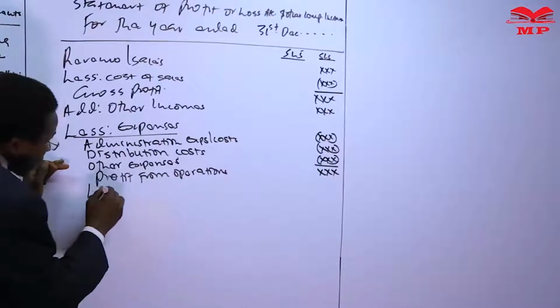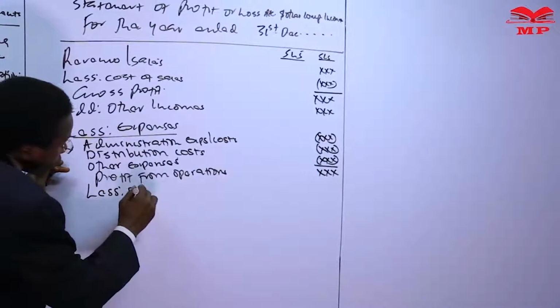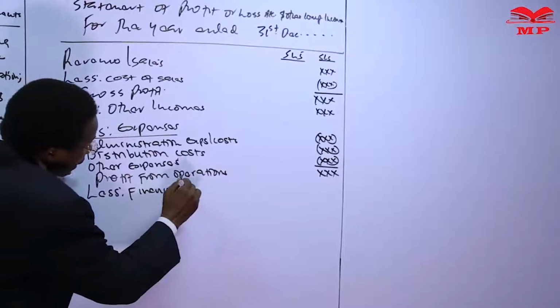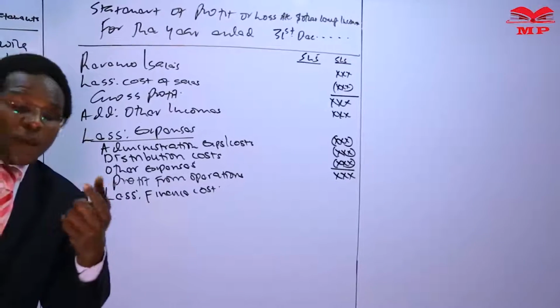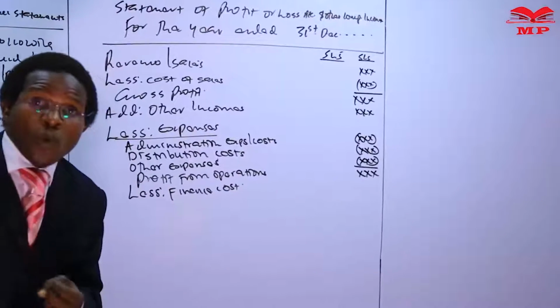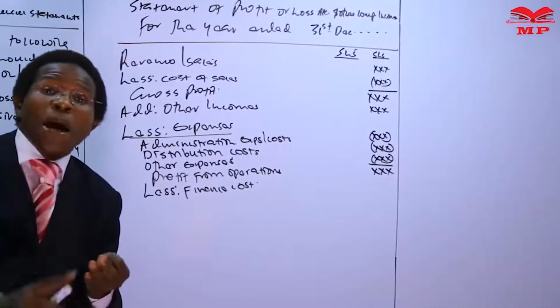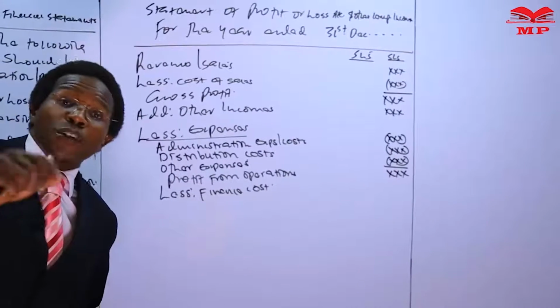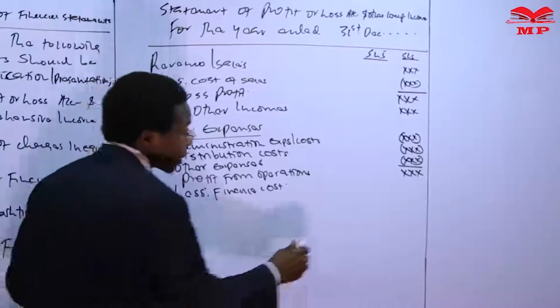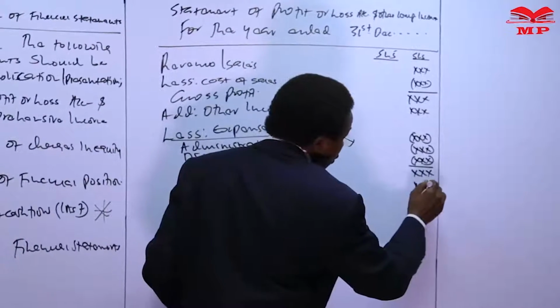Then you are going to less the finance costs. Remember the finance cost, friends, is the interest expenses. We have the bank charges. We have the bank maintenance fee. We also have dividend on redeemable preference shares. That is a finance cost. So you come and now adjust the finance cost here.